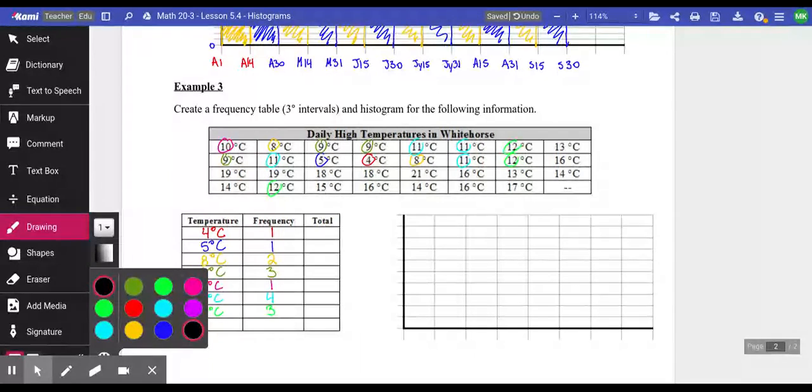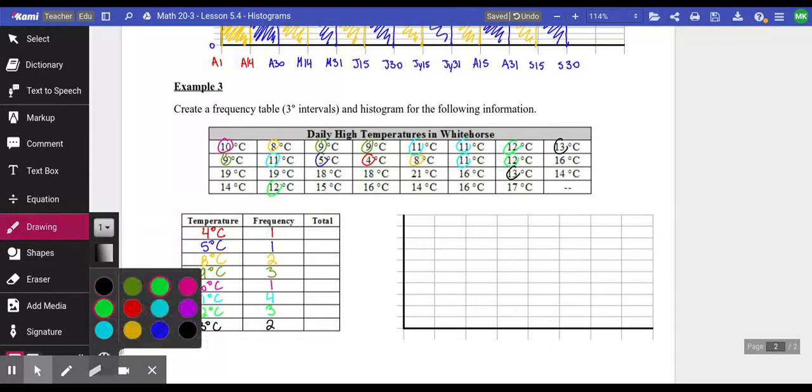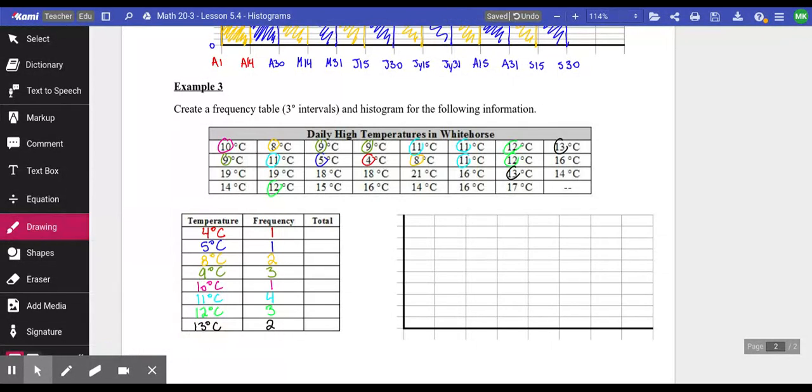Next highest temperature we see is 13. 1, 2. We're going to keep going on this chart. We see 14. 1, 2 there.